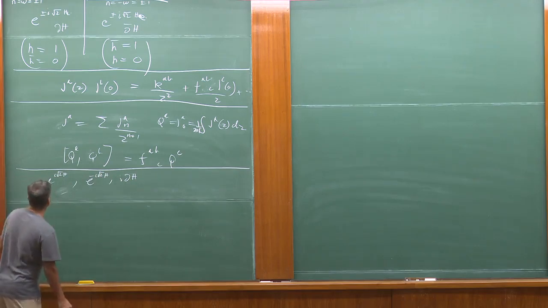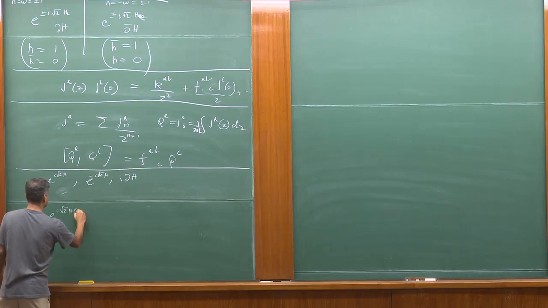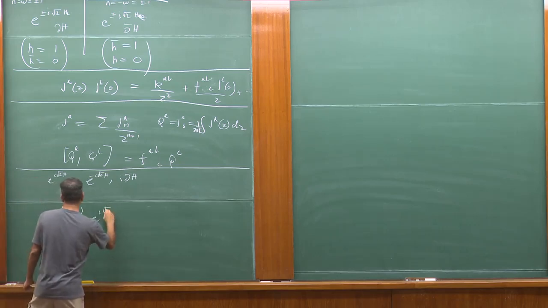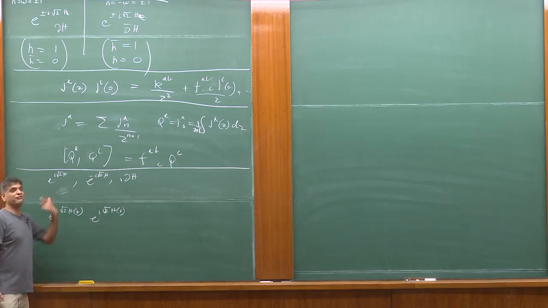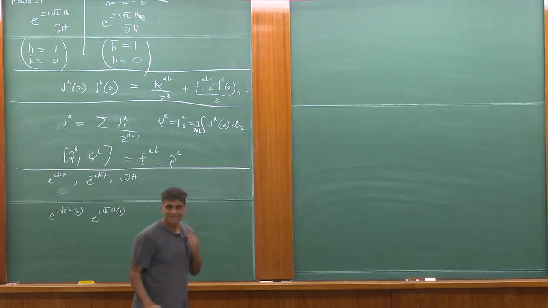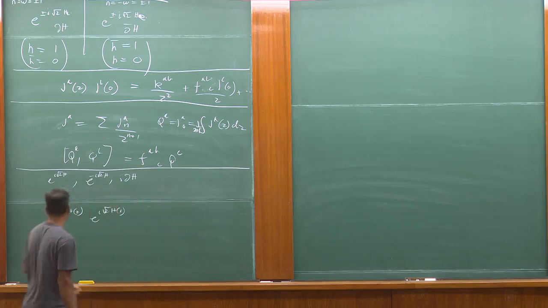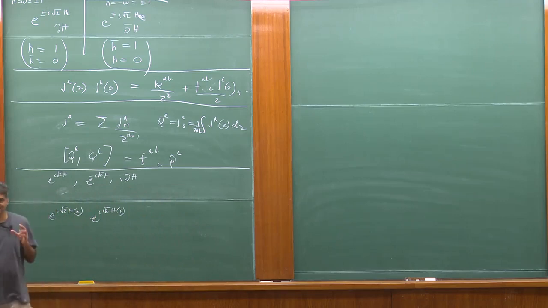First, let's take this one with itself: e to the power i square root 2 H of z with e to the power i square root 2 H of 0. Remember the mnemonic for how to calculate. We're going to get the normal ordered product of these times some factor. Our mnemonic was to take the 2-point function and raise e to the power of that 2-point function.